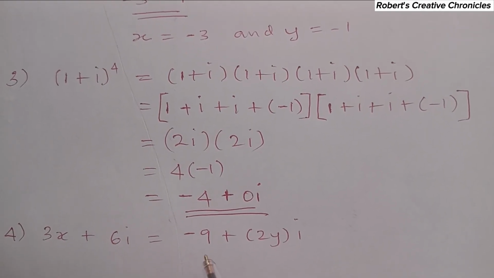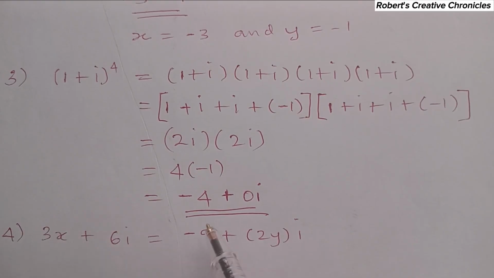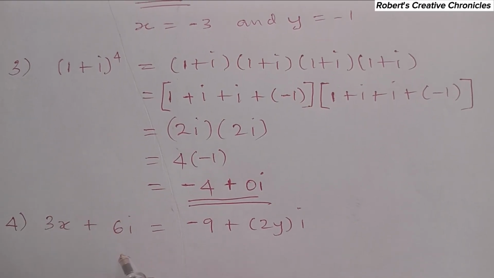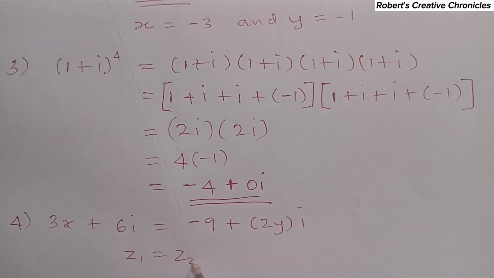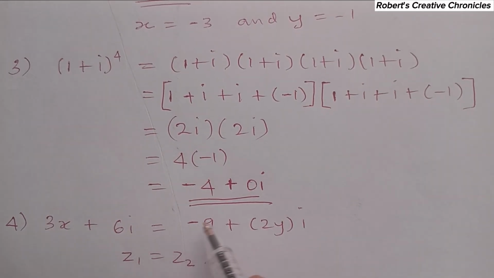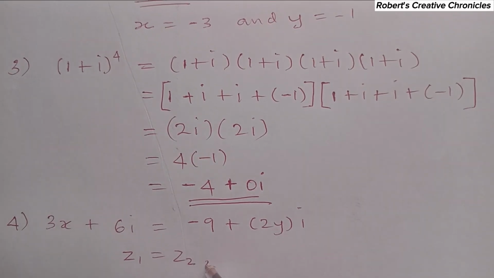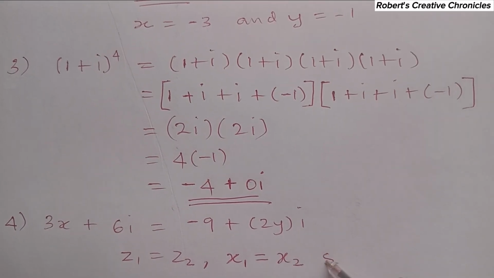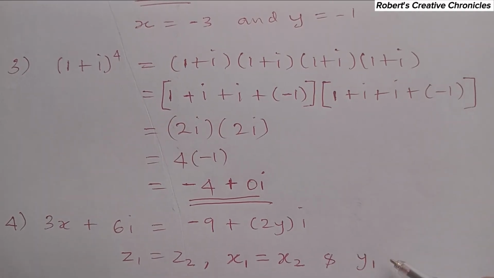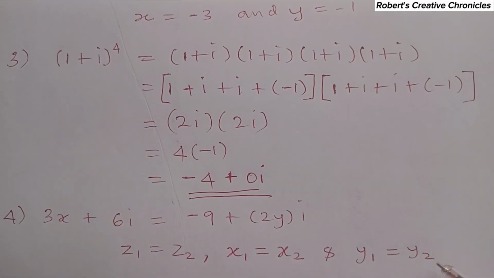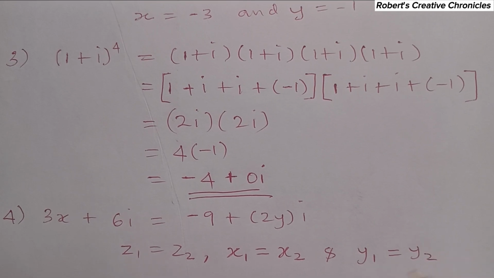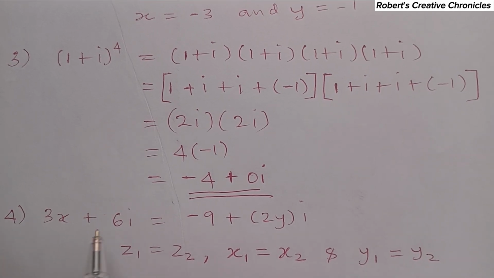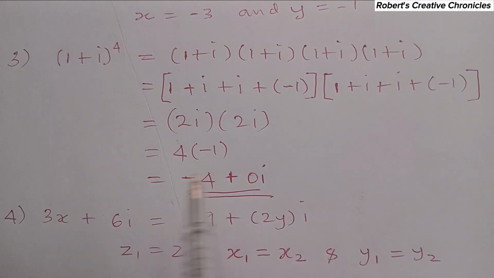Now, when two complex numbers are the same, that is z1 equals z2, it means that the real component, x1, is also equal to x2, and the imaginary component y1 is also equal to y2. That means for these two complex numbers to be the same, the real component must be the same and the imaginary component must be the same.